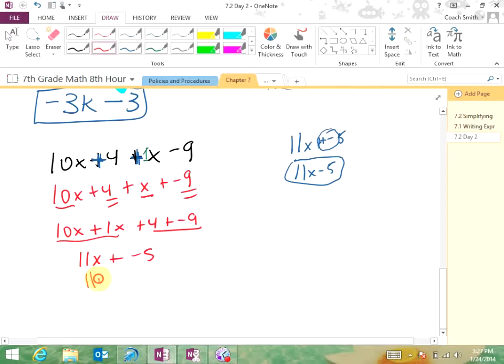Thus making 11x minus 5. I just need you to understand that when there's a 10x and a 1x, or an x, you need to add the two together. It's not just still 10x. You need to understand that there's a 1x there.